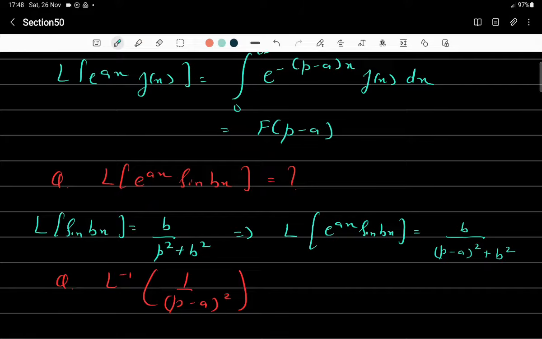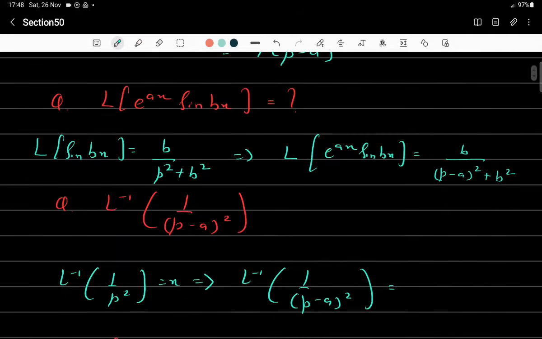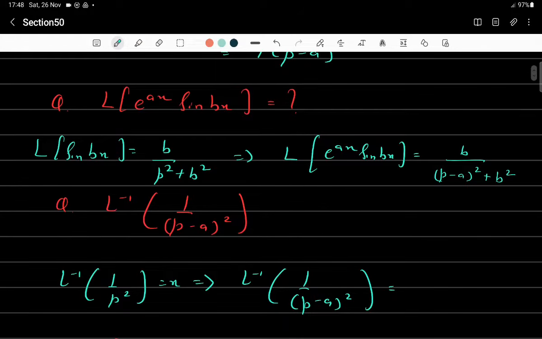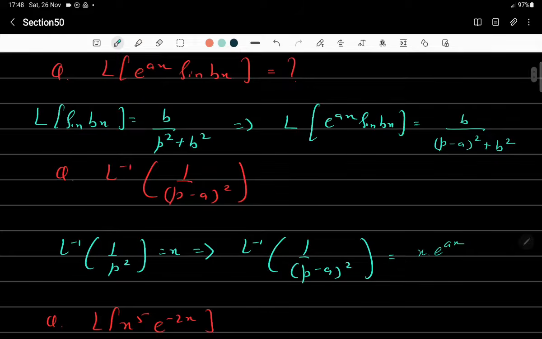So Laplace inverse of 1 by p square is x, and I have to find Laplace inverse of 1 by (p minus a) whole square. So I multiply x by e raised to the power ax. So Laplace inverse is x e raised to the power ax.